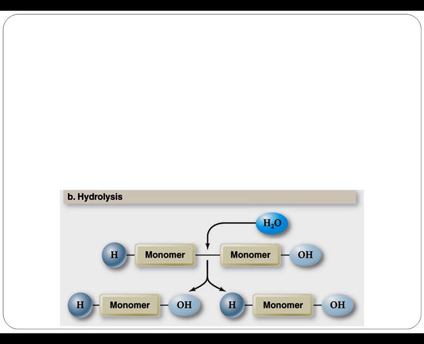Before I move on, I want to double check, triple check. If I'm building a polymer, joining monomer subunits, what type of reaction? Dehydration. Conversely, if I want to break those bonds and release those monomers, I would have a hydrolysis.